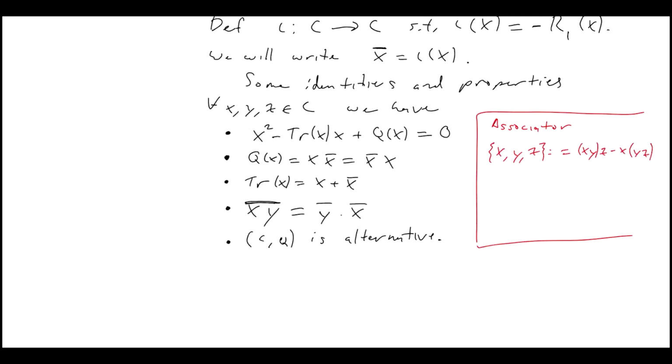All right, and to be alternative just means that the associator of x, x, y equals the associator of x, y, y equals 0 for all x and y.